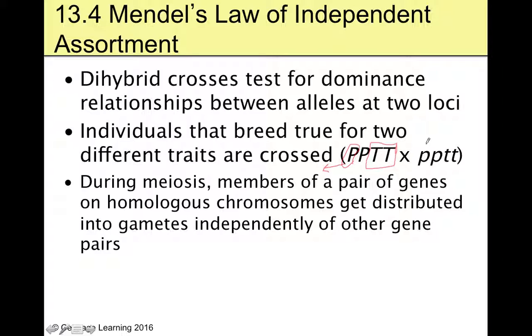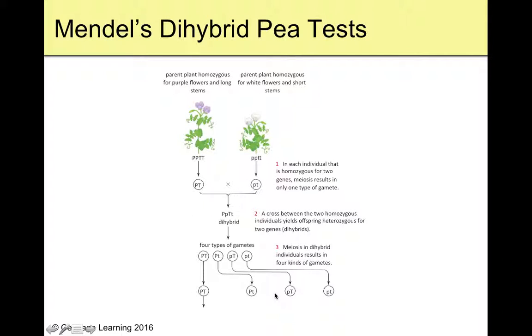But if genes are not linked together, they are not inherited together. And so Big P can go wherever he wants. That does not affect where T goes. This guy could go this way. He could go this way. It doesn't matter. They segregate independently of other alleles. That's what that means. So random, truly, truly random.